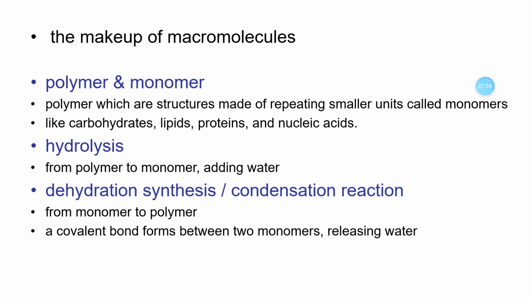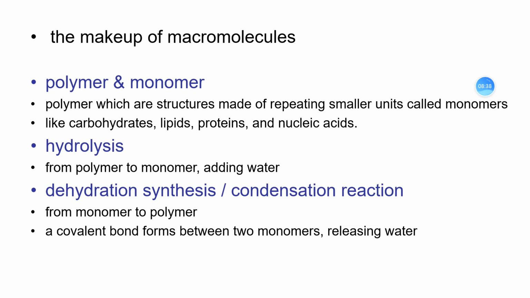Hydrolysis refers to the reaction from polymer to monomer. For example, the monomer of protein is the amino acid, and when protein is converted to amino acids, it needs hydrolysis. The protein needs to add water to split into lots of amino acids.